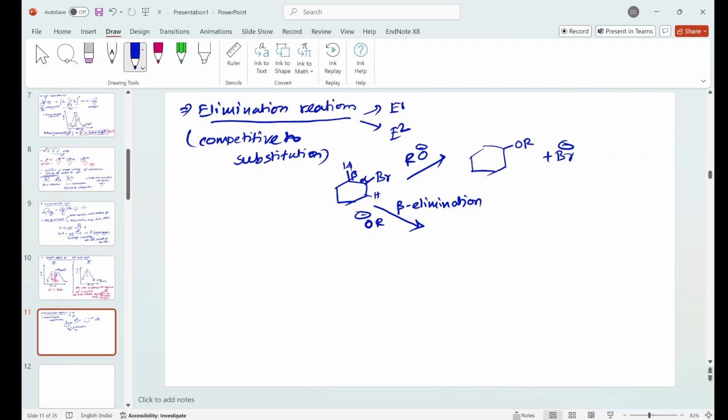So this beta hydrogen, say this one, can be extracted by this nucleophile. Then this electron density will come here and the leaving group will leave. We will have this cyclohexene elimination product. And we will have ROH plus bromide minus. Okay. So these are some reduced selectivity.